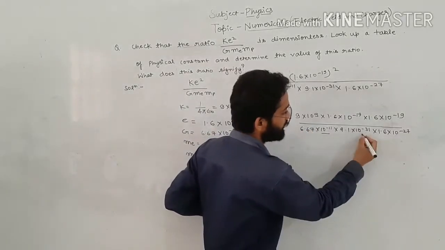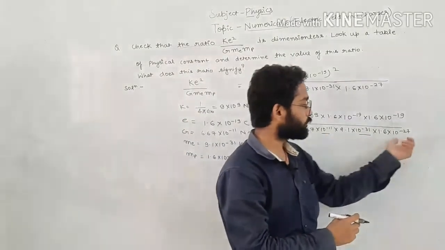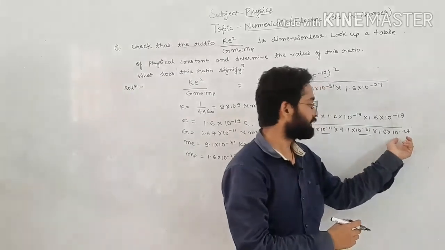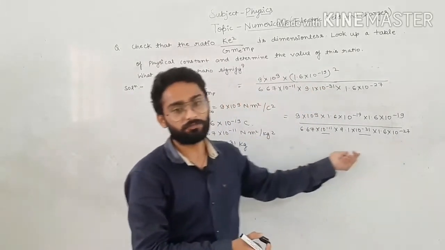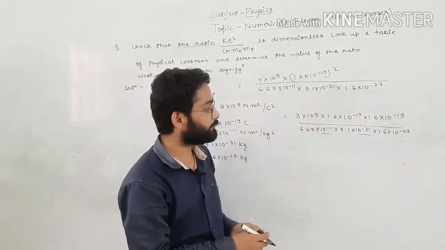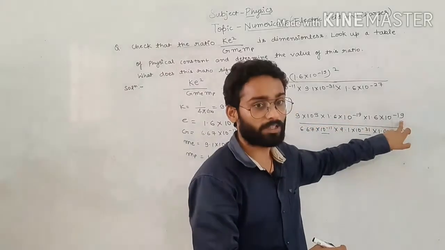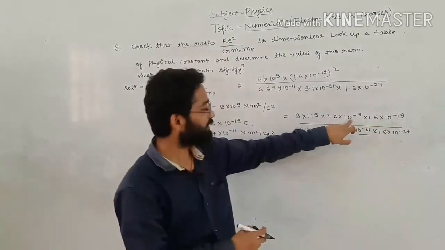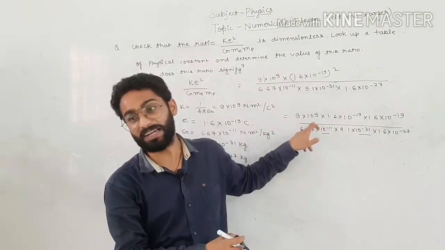10 power minus 11 and 10 power minus 31 become 10 power minus 42, and 10 power minus 42 into 10 power minus 27, that is 42 plus 27, which is 69. So it becomes 10 power minus 69. On the upper side, minus 19 twice becomes minus 38, and minus 38 plus 9 is minus 29.